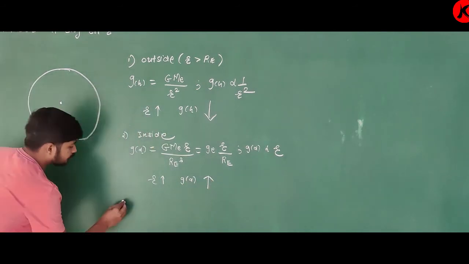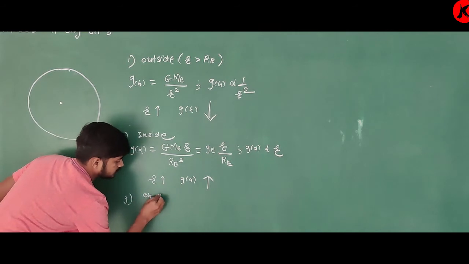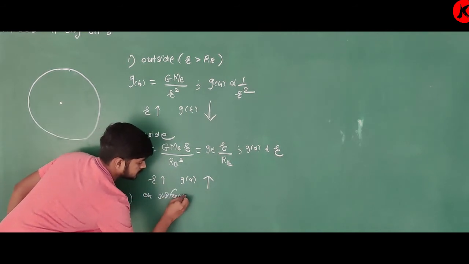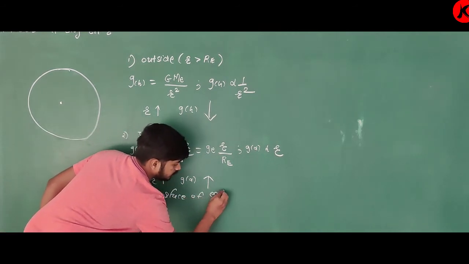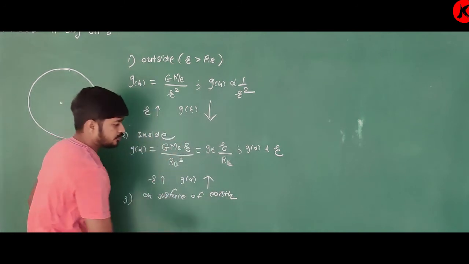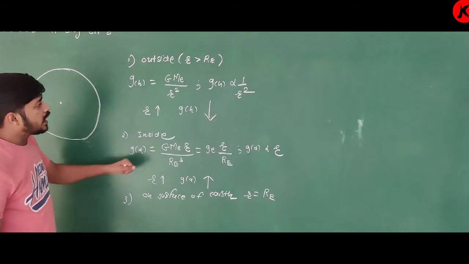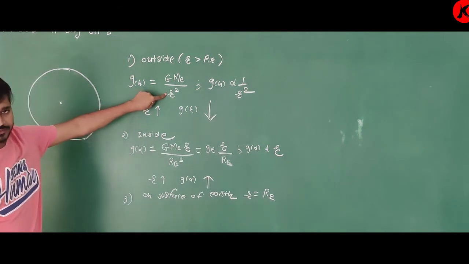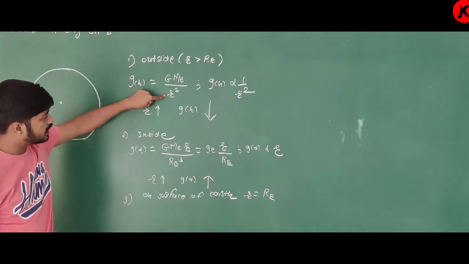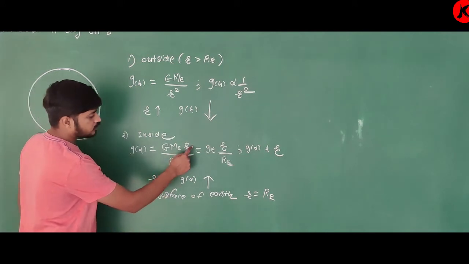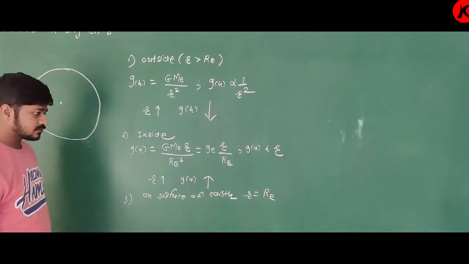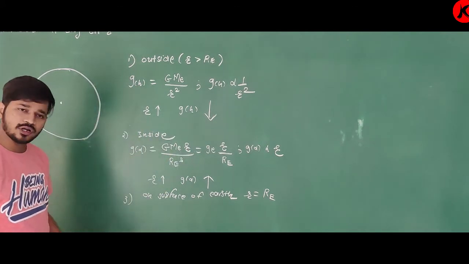On the surface of Earth, simply you have to write r is equal to RE. So if you put r is equal to RE in this equation, it is GME/RE².